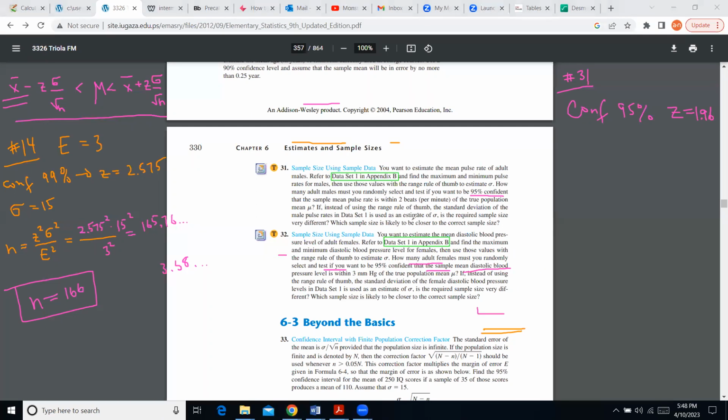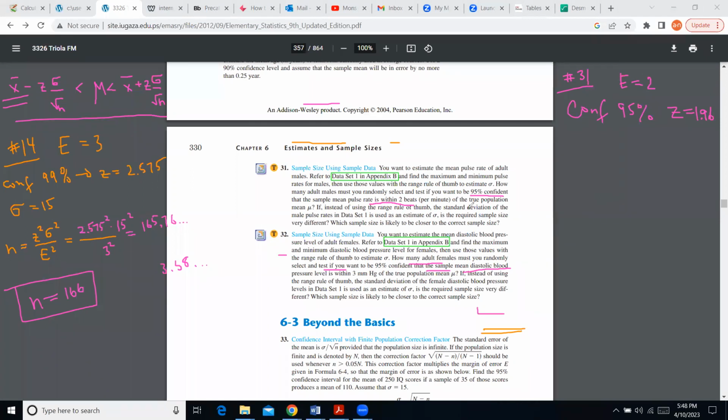So next, I have rate within 2 bits. What does that stand for? Within, that's a new word. And that's the error. So it could be by 2 more or by 2 less. And that's what we have here. And the question is, how about the standard deviation?